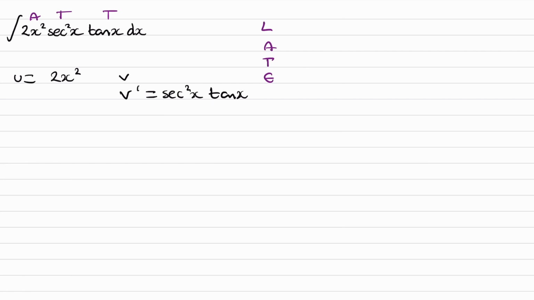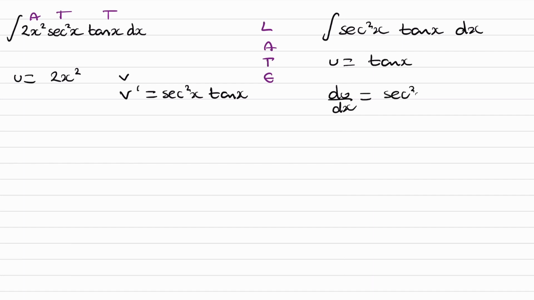Let's do that on the right hand side. The integral of sec squared x, tan x. So we can use reverse chain rule for this. We can use substitution. If we were to set u to be equal to tan x, because the differential of tan x with respect to x is sec squared x, that means that when we sub in or replace the dx, we'll be dividing by this, and that will cancel out this sec squared x.